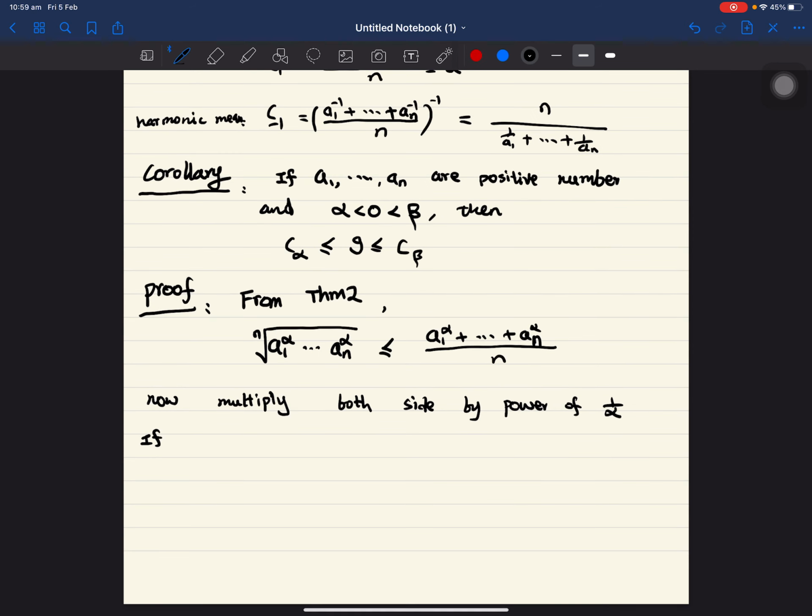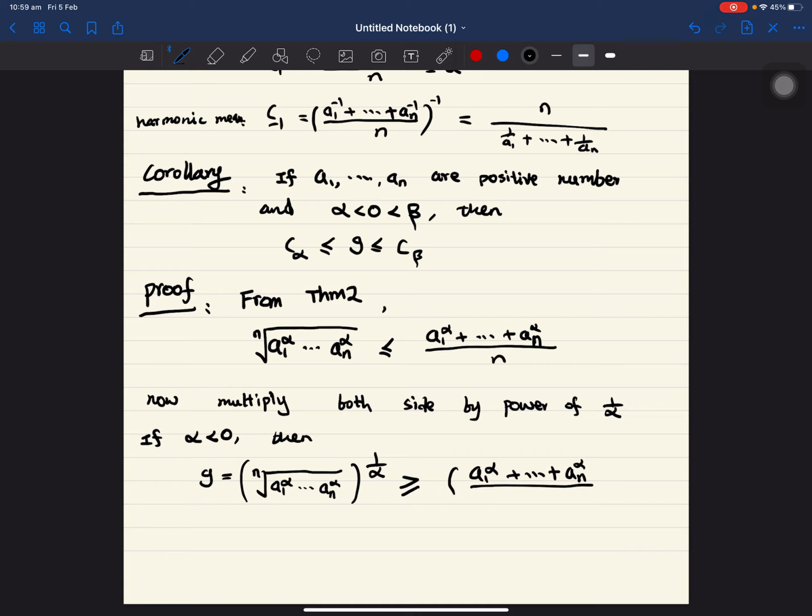So if alpha is less than 0, then G is equal to a1 to the alpha all the way to an to the alpha, to the n-th root, to the power of 1 over alpha. If alpha is less than 0, when we raise to the power of 1 over alpha we flip the order of the inequality, so we have that a1 to the alpha plus all the way to an to the alpha over n, to the power of 1 over alpha, is equal to our C alpha.